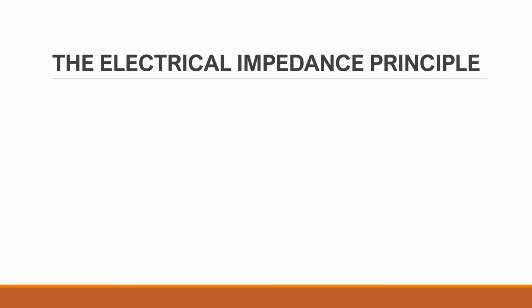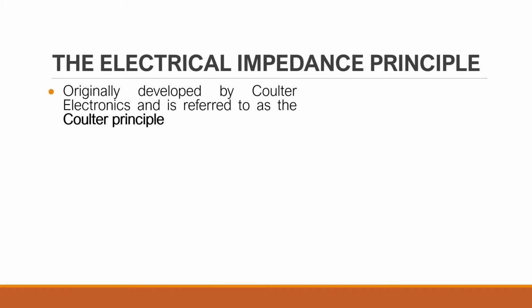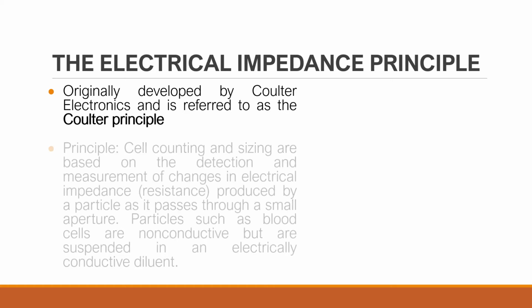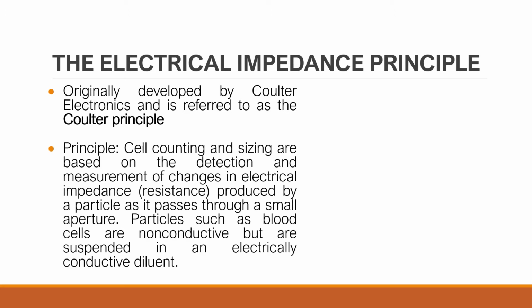The first principle is the electrical impedance principle. This was originally developed by Coulter Electronics, and it's also referred to as the Coulter principle. Now, what is this all about? The number of cells and their size are determined by detecting and measuring changes in electrical impedance or resistance produced by these particles as they pass through a small aperture.